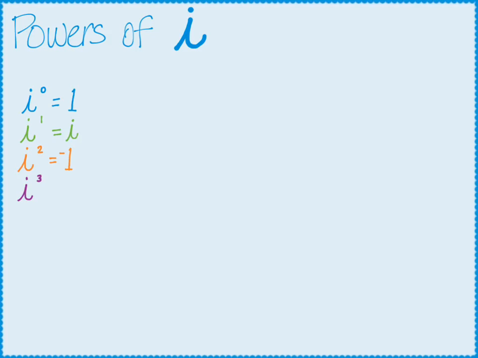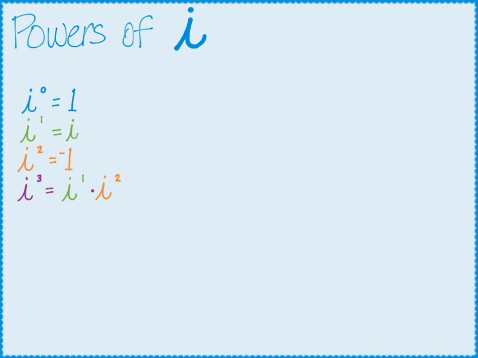Then we get up to the third power, i cubed. Now this one's a little bit more interesting, so we have to think about it based on what we know right above it. How can we break up i cubed? We could write i to the first times i to the second, because whenever you multiply like bases, you add the exponents, the 1 plus the 2.